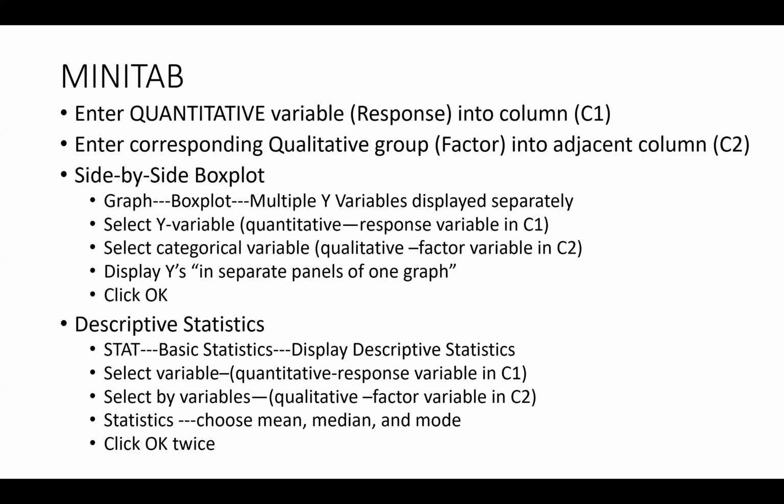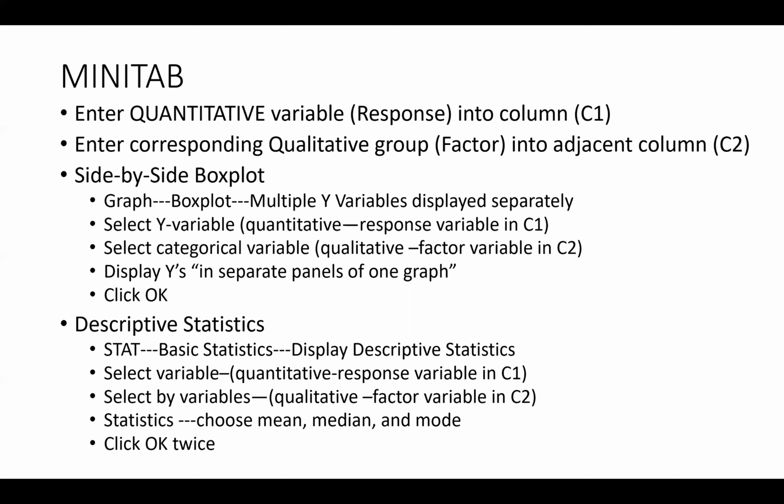Whereas I was doing channel 1, channel 2, channel 3, channel 5 each in its own column. For Kruskal Wallis, we have to put the quantitative variable all in the same column, and put the group they're in in the adjacent column.